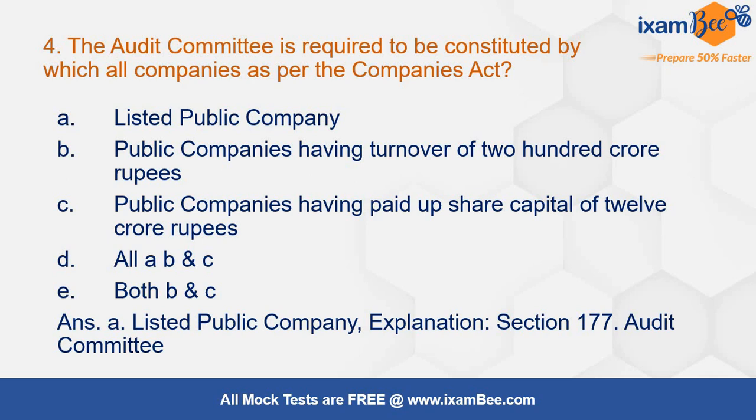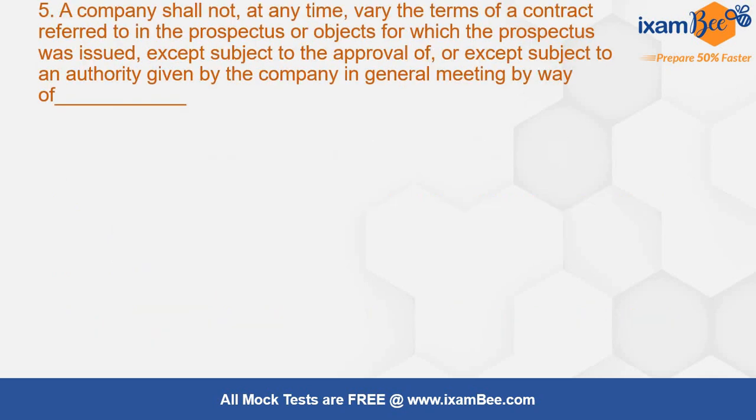Answer is A, listed public company. Section 177 talks about audit committee, and that is only talking about the requirement of audit committees. It should be constituted by which all companies as per Companies Act. So all the listed public companies have to constitute an audit committee. It is not dependent upon any financial criteria like turnover or share capital.